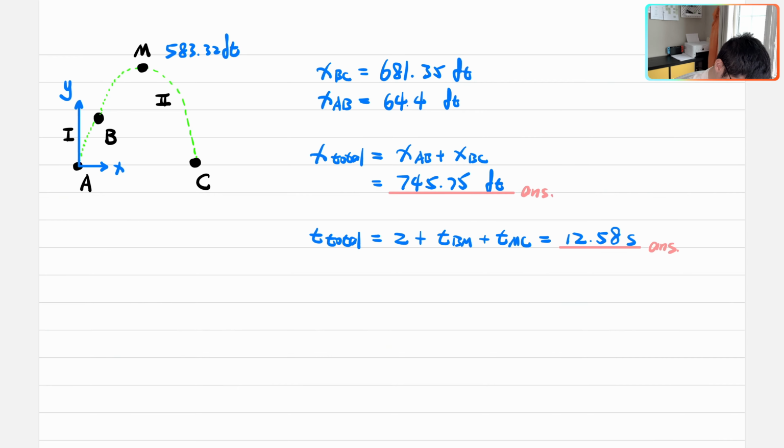And the third one, the Y maximum, we've got that already. You just copy that, 32 feet. Okay, the 3 answers we're looking for.